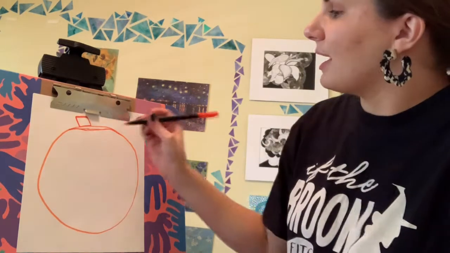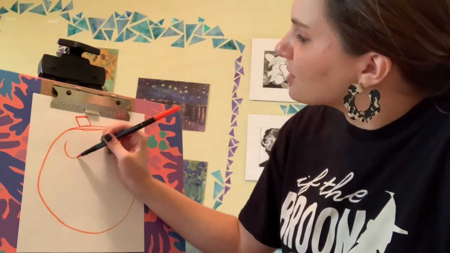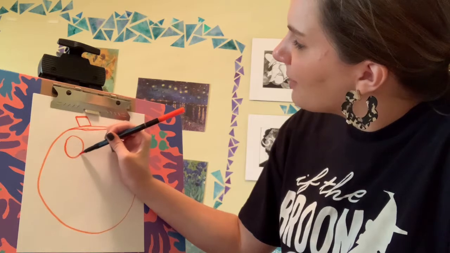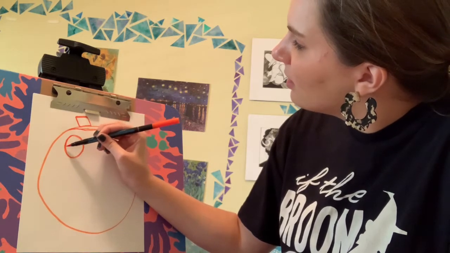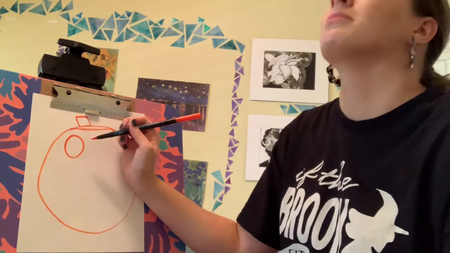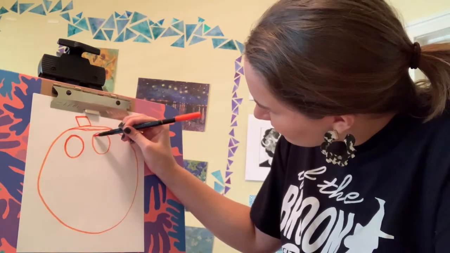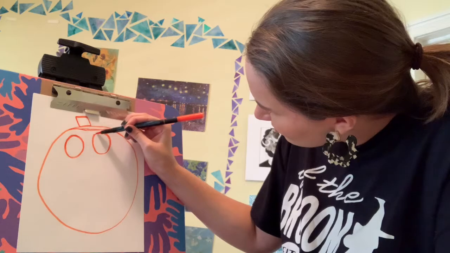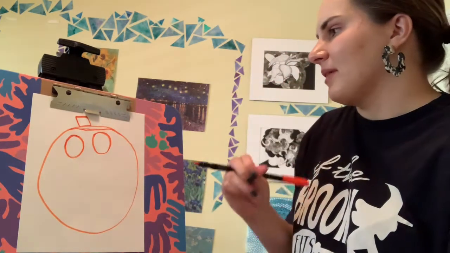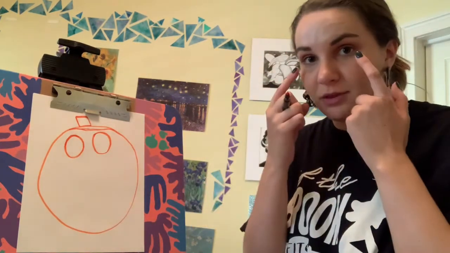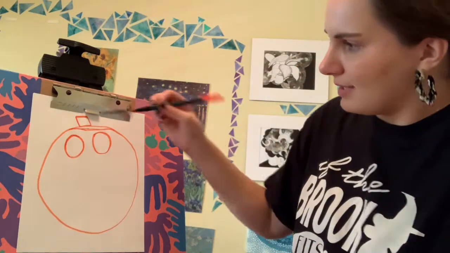All right, let's add some eyes to our pumpkin. Now, if we're gonna draw eyes, I'm gonna add 2 smaller circles inside my pumpkin right here. All right, I've got 2 little circles in here, but I need to add the pupils or the dark parts of the eyes.